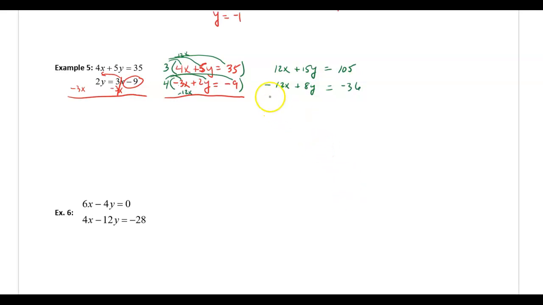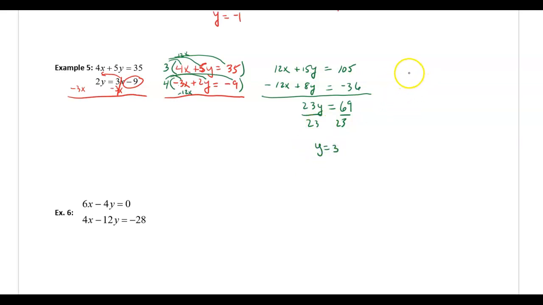So, with this now, 15y plus 8y would give me 23y. 105 minus 36 will give me 69. And now, when I divide by 23, right, you would get y is equal to 3.